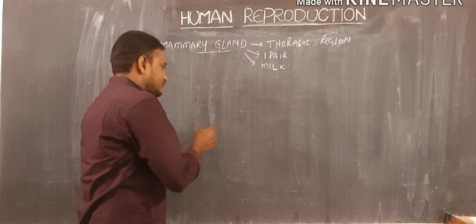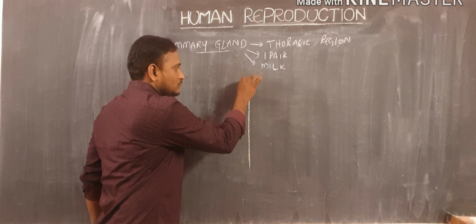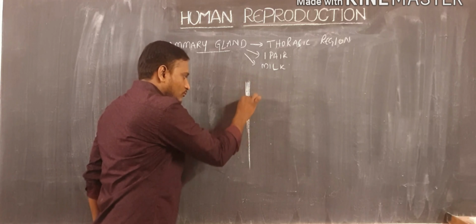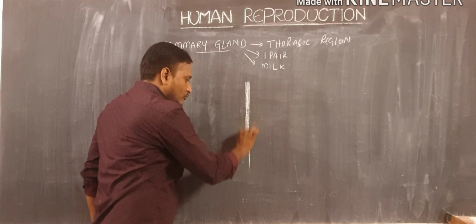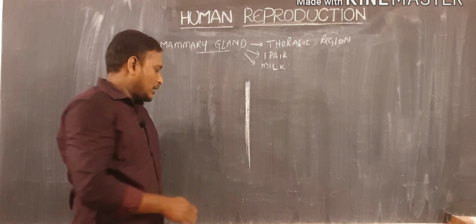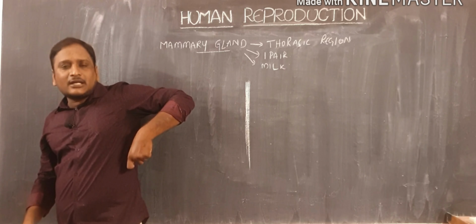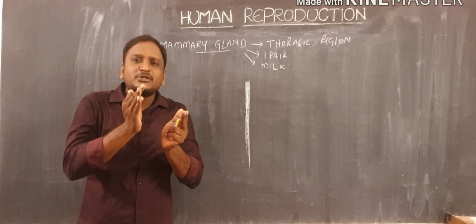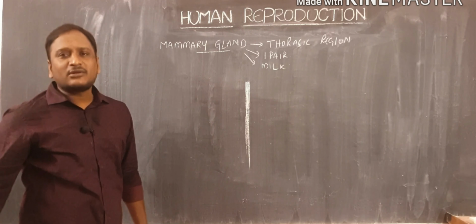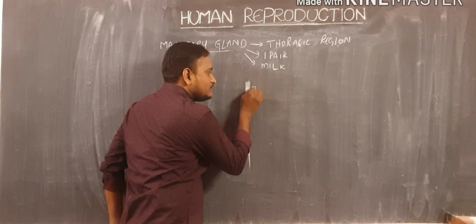In this case, there is the pectoralis muscle present at the back side of the mammary gland, and here rib bones are present.